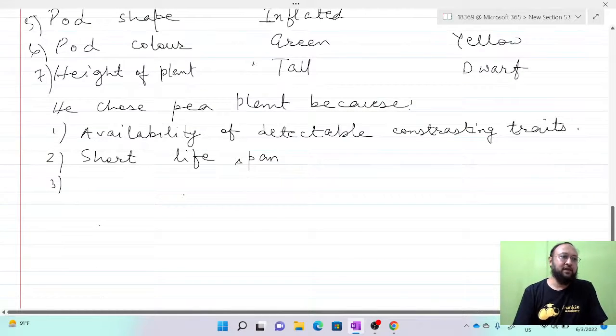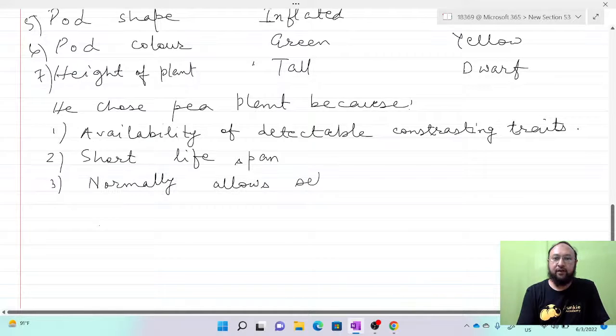And number 3, it normally allows self-fertilization.